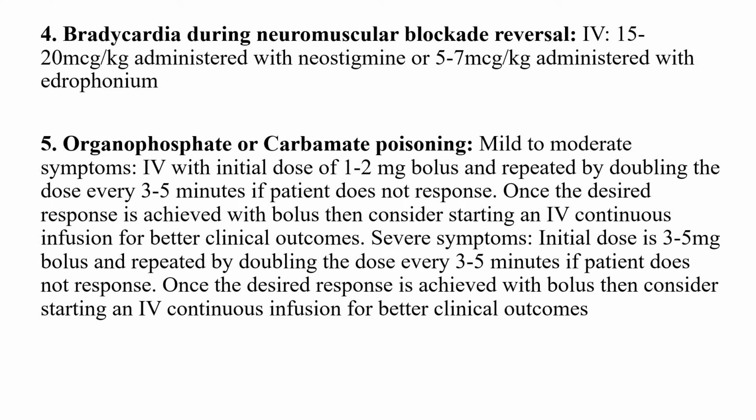Number 5, in case of organophosphate or carbamate poisonings with mild to moderate symptoms, usually they give an IV bolus, and the dose is 1 to 2 mg and can be repeated by doubling the dose every 3 to 5 minutes. That is, suppose the patient is given 1 mg and after 3 to 5 minutes the patient does not improve, we can give a 2 mg bolus.